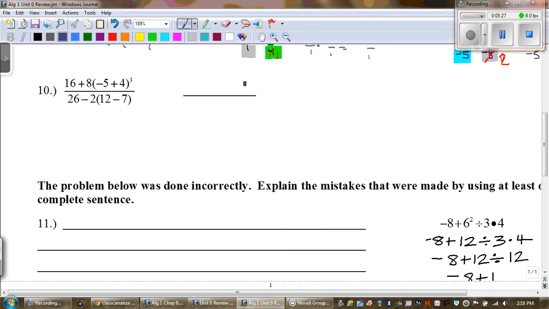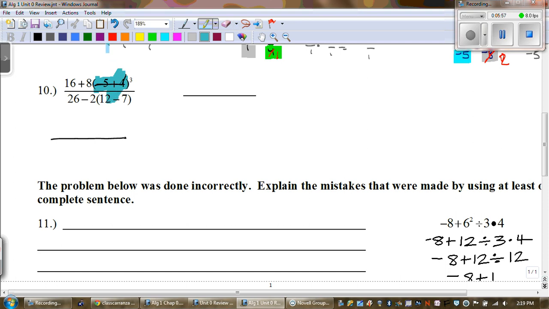All right, number 10. So remember, we're going to treat this like two separate problems, the top and the bottom. So I'm going to do the top first. So let's look at just the top. What we need to do first is what's inside the parentheses.